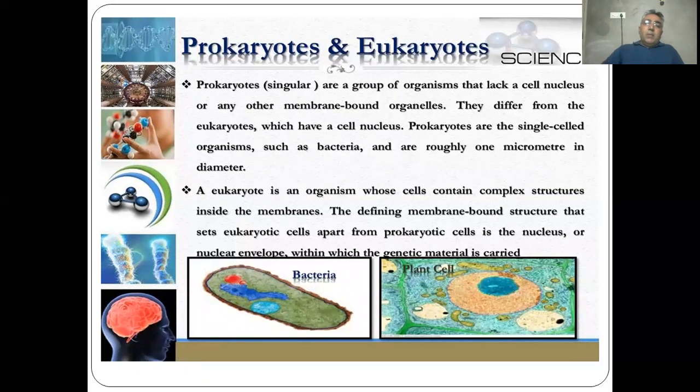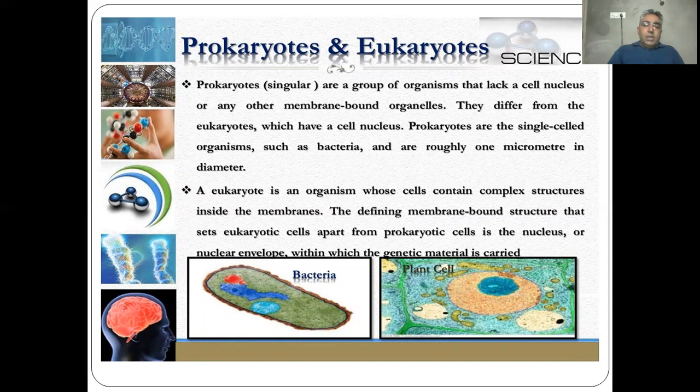After that, on the basis of nucleus, the cells are of two types, prokaryotic and eukaryotic. Prokaryotes are a group of organisms that lack a cell nucleus or any other membrane bound organelle. They differ from eukaryotes, which have a cell nucleus. Prokaryotes are single celled organisms such as bacteria and are roughly 1 micrometer in diameter.